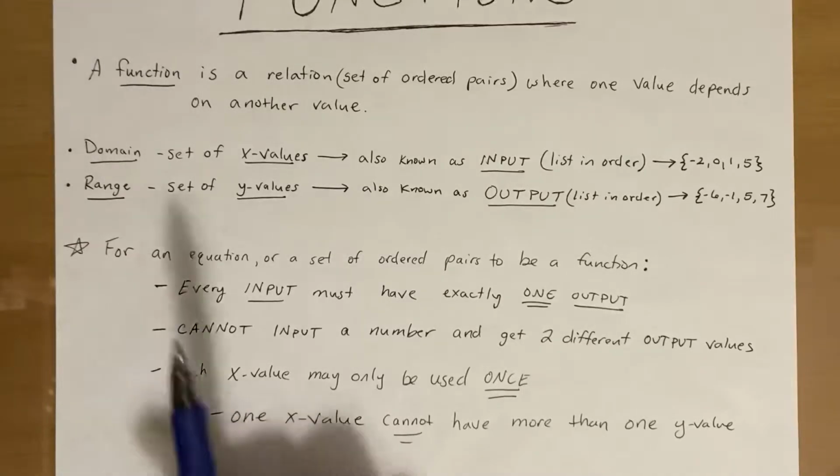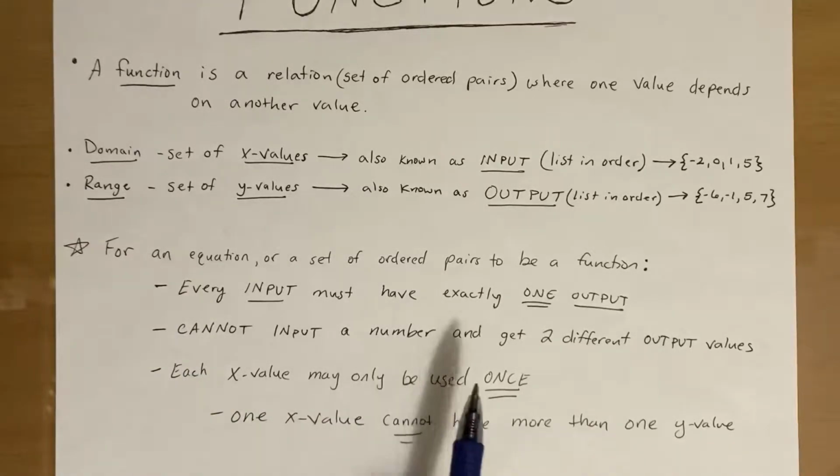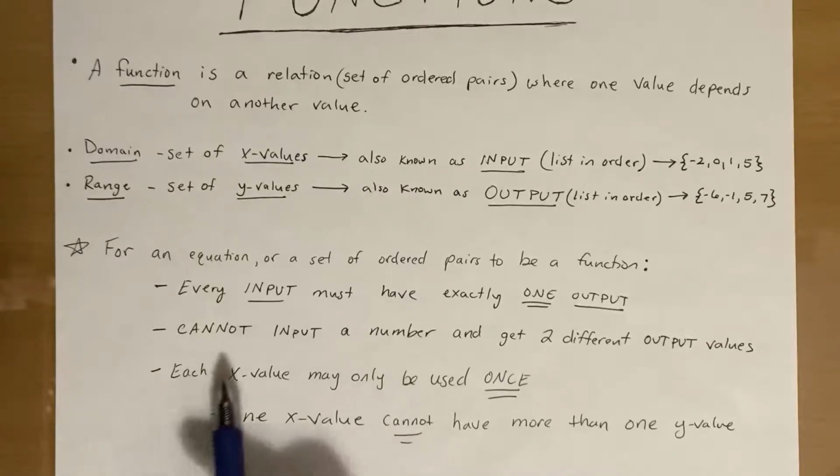For an equation or a set of ordered pairs to be a function, it has to satisfy these things. Every input must have exactly one output. Okay, so I can't have any repeating x values. Every time I input an x value, it has to give me just one y value or one output. We cannot input a number and get two different output values.